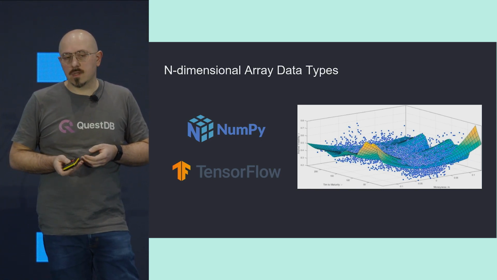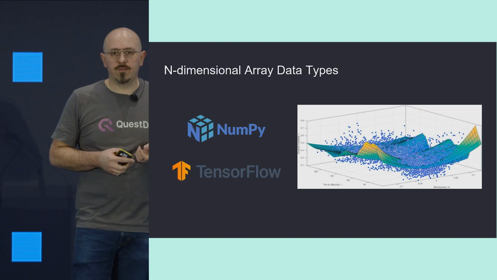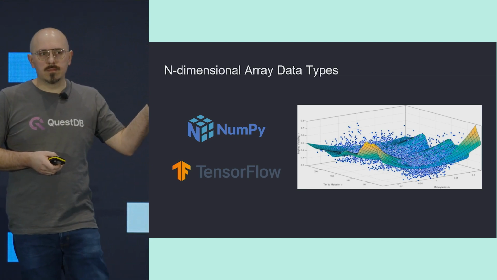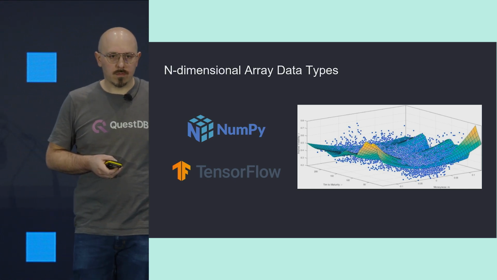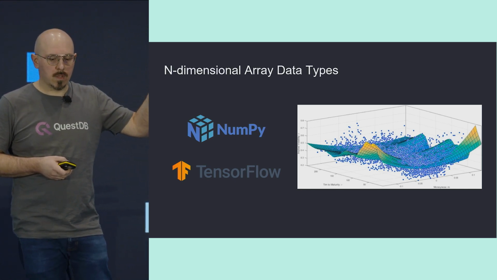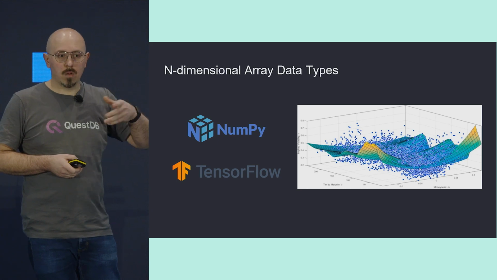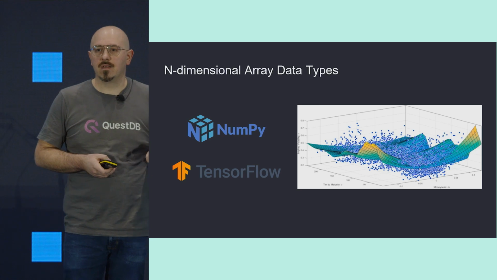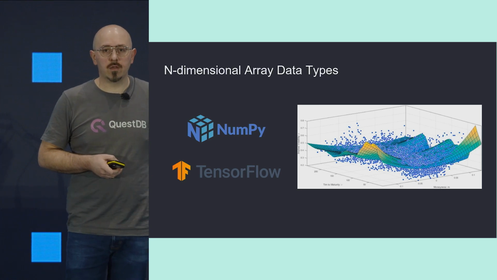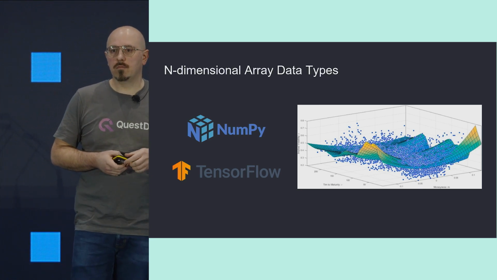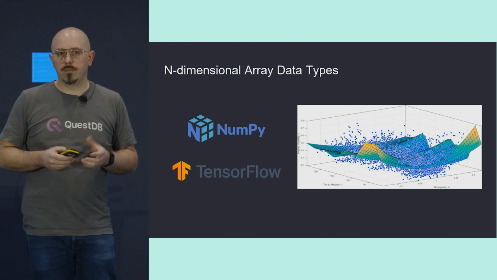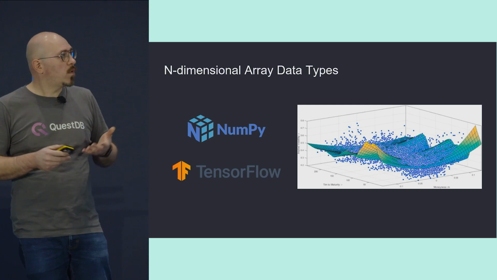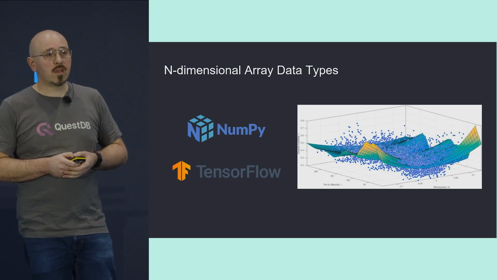These are obviously useful for pretty much anything, whether it's embeddings or machine learning of any sort, but also in the financial space, if you want to even represent something like a volatility surface, then doing that without being able to represent a multidimensional matrix is pretty hard. So that's kind of where we're going with this stuff.